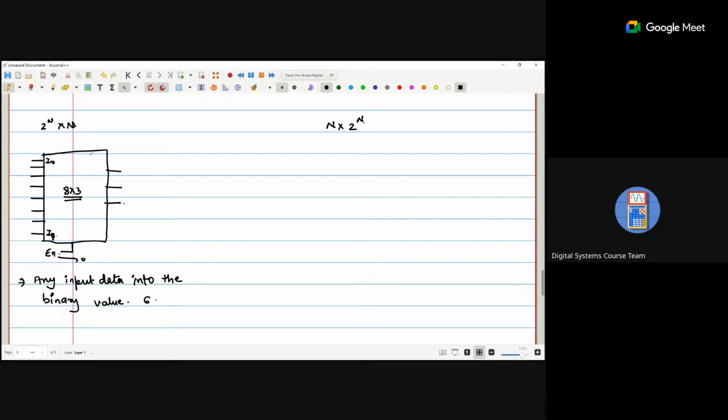So what should I do? I just apply a 1 on I6. Okay, I apply 1 on I6. With respect to this, we are getting the output as 1 1 0. Okay, so basically the encoder does this. It will convert any type of input data into binary.